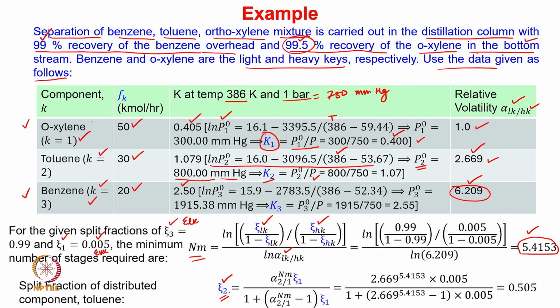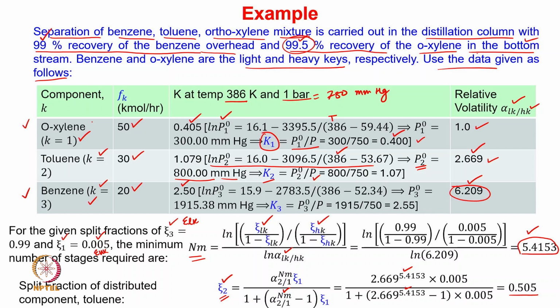So zeta 2 is given as alpha 2 by 1 raised to the power Nm divided by 1 plus, in the bracket, alpha 2 by 1 raised to the power Nm minus 1, into zeta 1. Here Nm is the power. We can now put all the values here and calculate the split fraction for toluene, and that comes around 0.505.